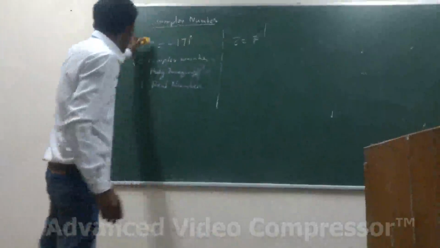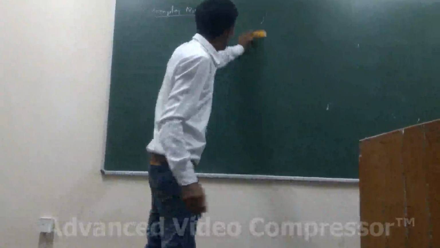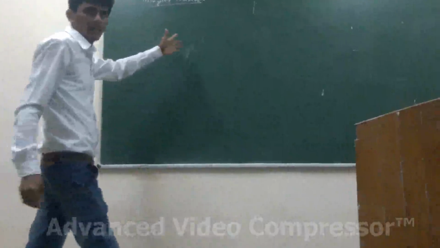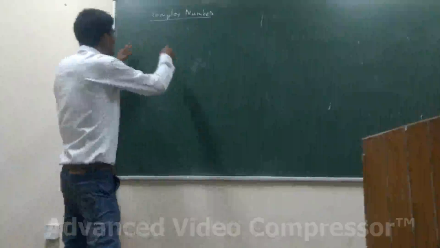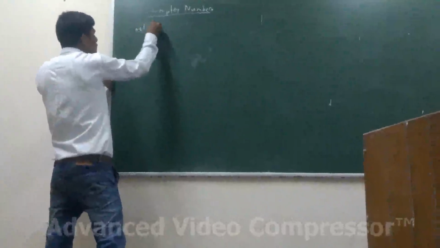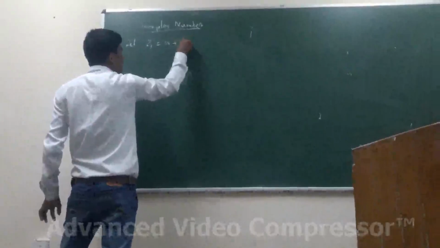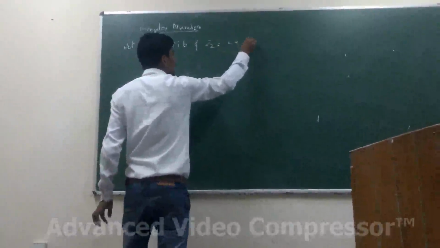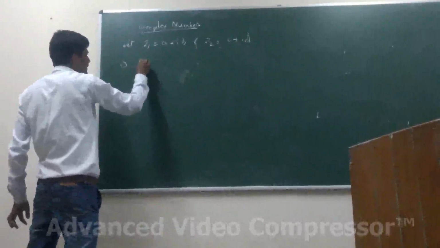Now I will teach you some algebraic properties of complex numbers. Take two complex numbers z1 equal to a plus iota b and z2 equal to c plus iota d. The first property is addition.